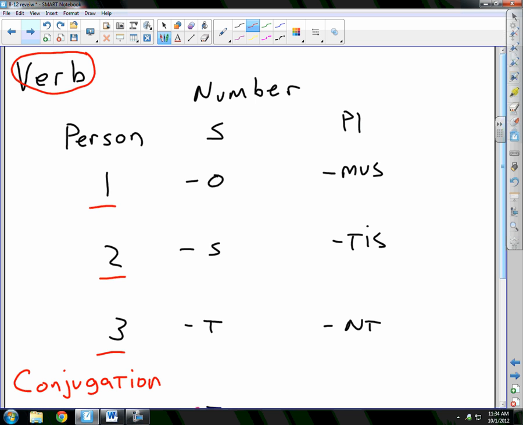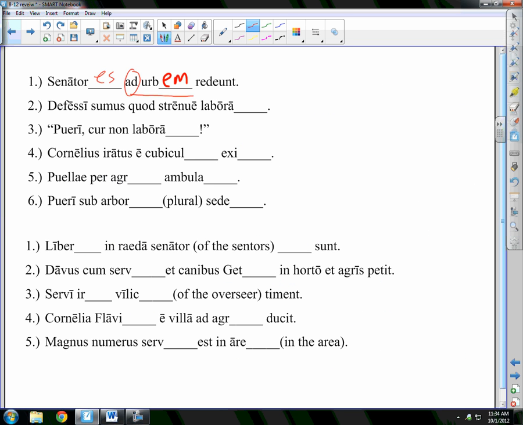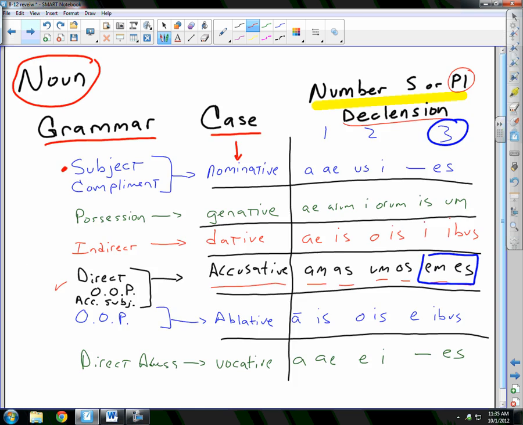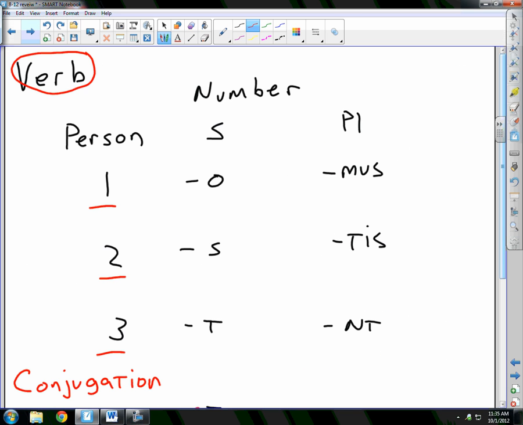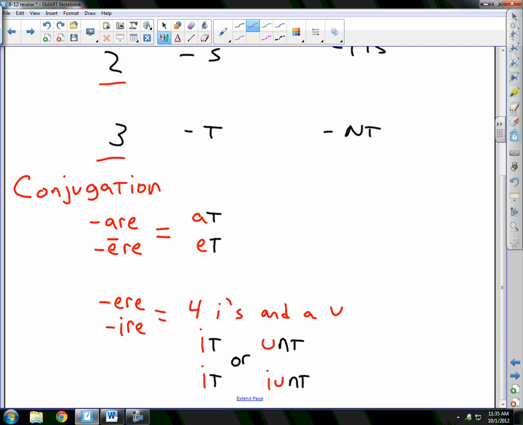Let's go back. It looks like to me, if I read this whole sentence, we are tired, because we is first person and plural. So I've established that it's first person. We is plural. That means that mus is going to be my ending. It's also important that I determine what conjugation it belongs to.